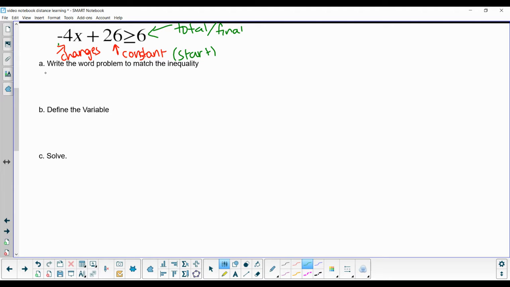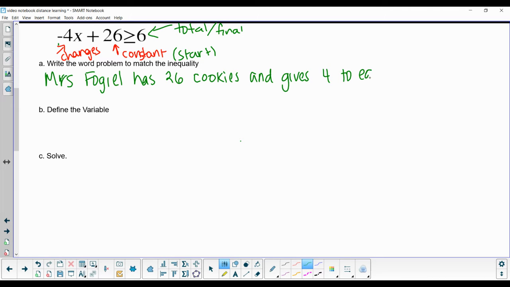We can say Mrs. Fodio has 26 cookies, because that's my start, and gives 4 to each student. She wants to keep, that's my end amount.